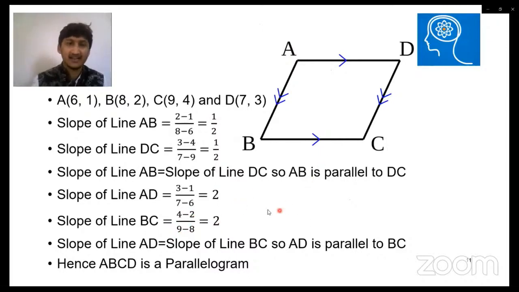So AD आणि BC दोघांचे स्लोप इक्वल आले आहेत. So if the slopes are equal, we can say they are parallel. Now we have two pairs of parallel lines. That is, AB is parallel to DC and AD is parallel to BC. By this we can say that quadrilateral ABCD is a parallelogram. Hence proved.